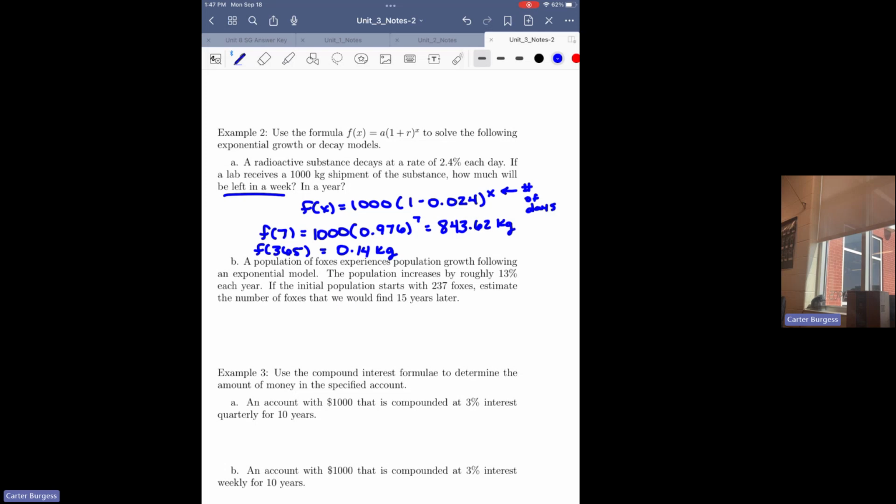Is our fox population going to be getting bigger or smaller? Bigger. And then 13% will be 1.13. No, what you have there is right. Yeah, perfect. Yes, this looks super good. Now, will we ever have that much of a fox?